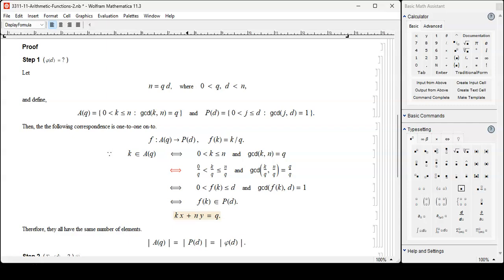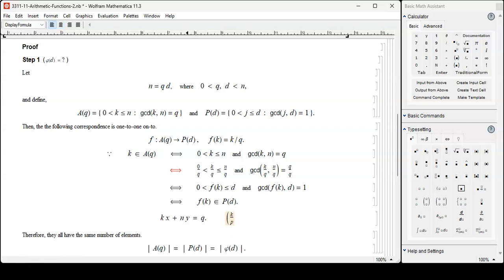Okay, here, divide each by Q. K divided by Q, and that you can do because GCD of K and N is Q, so K is divisible by Q. It's an integer. And N divided by Q, that's an integer.